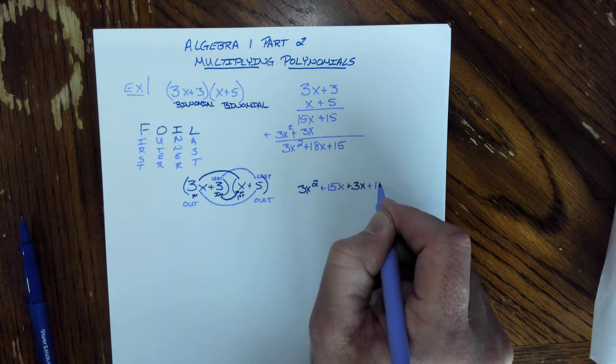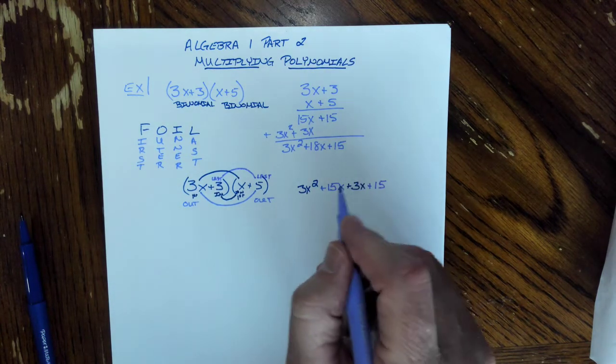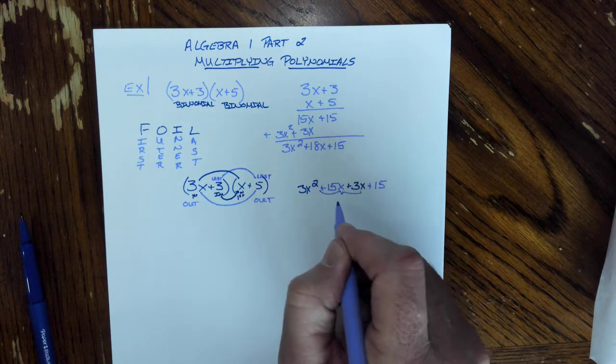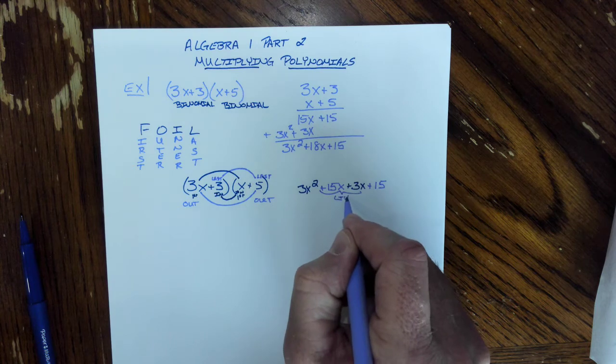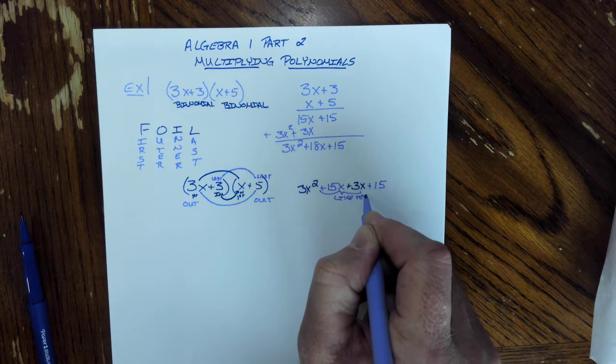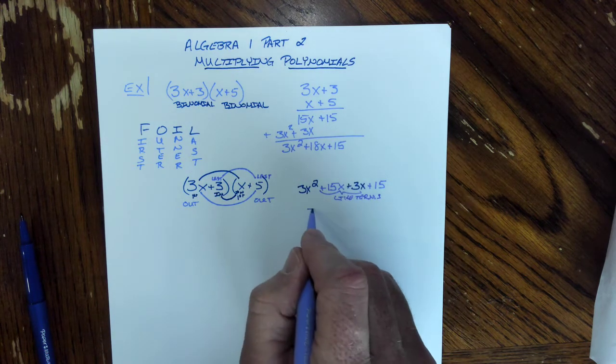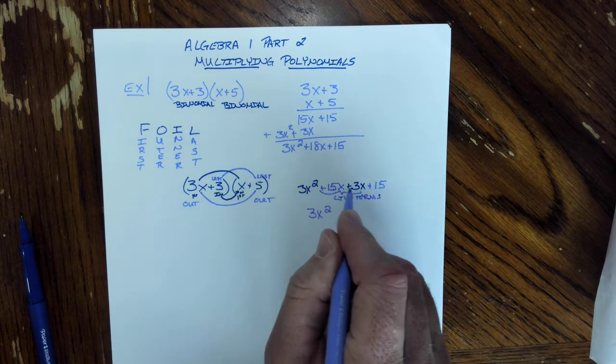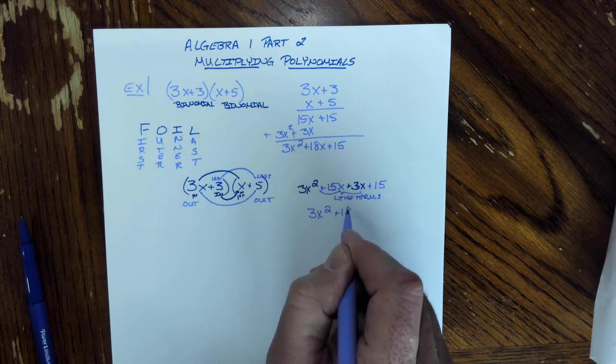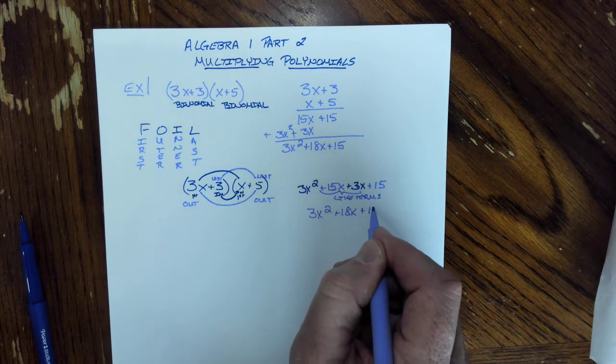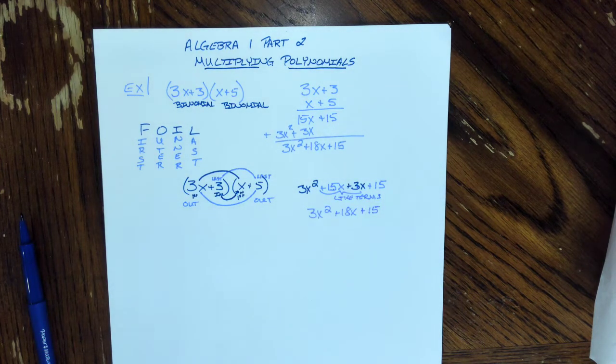Gives us plus 15. Final thing then is combine like terms. 3x squared plus 18x plus 15.